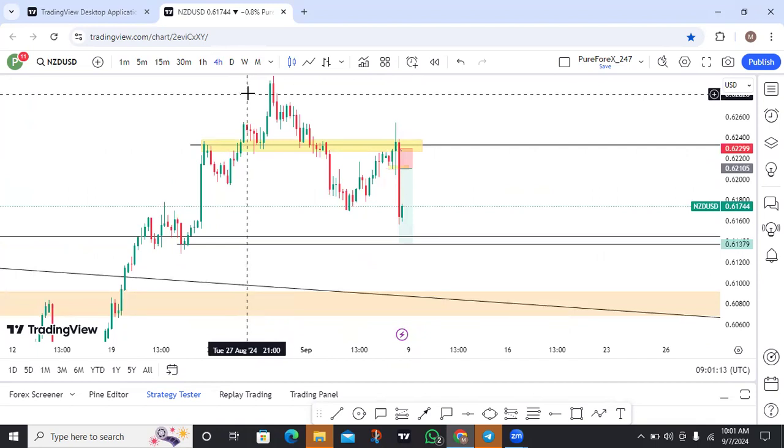Top-down analysis is the only analysis you need to know, guys, in respect to the Fantastic Five. When you know how to do top-down analysis in relation to the Fantastic Five, currency pairs, especially GBP pairs, will be very easy for you to analyze and trade profitably, and also you will be able to wait for the market to give you what you want, right?